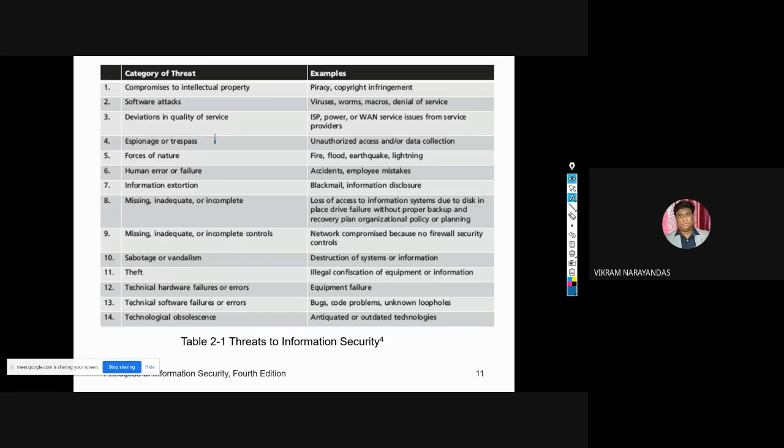What is trespass? Trespass is nothing but unauthorized persons, unauthorized access or data collection. Trespass stands for unauthorized access or unauthorized data collection.